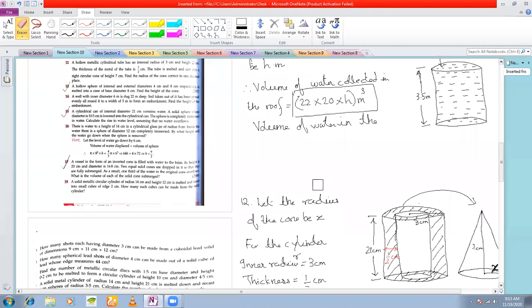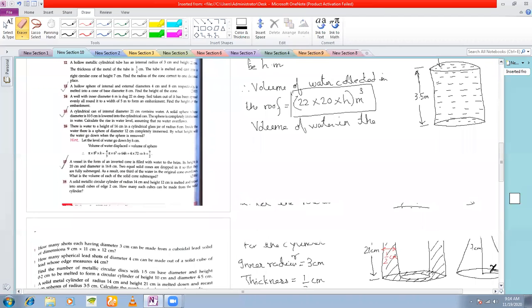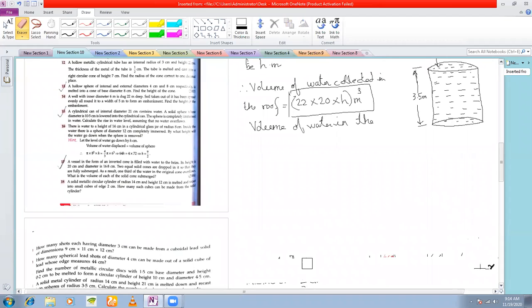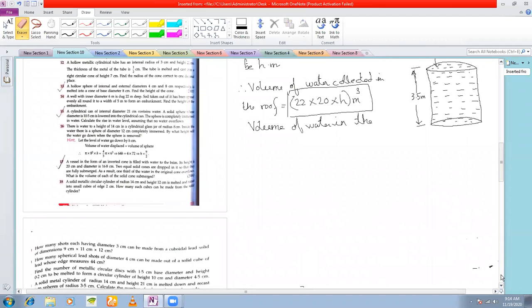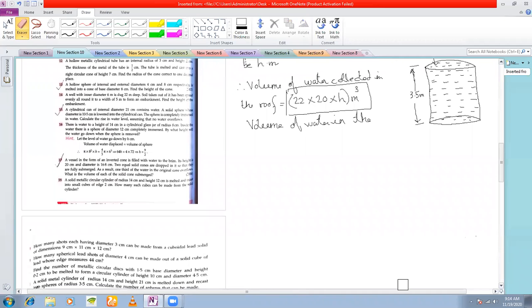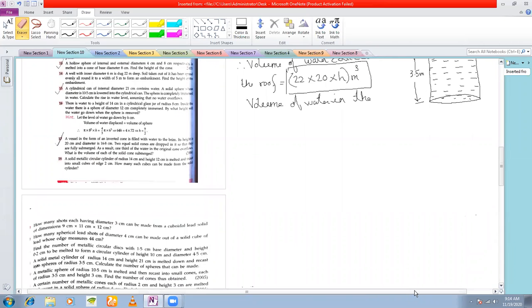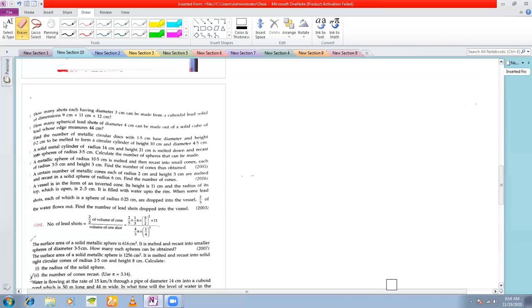Number 18, if you read the problem, it states a solid metallic cylinder of radius 14 centimeter and height 12 centimeter. Now this cylinder is melted and recast into small cubes of edge 2 centimeter.